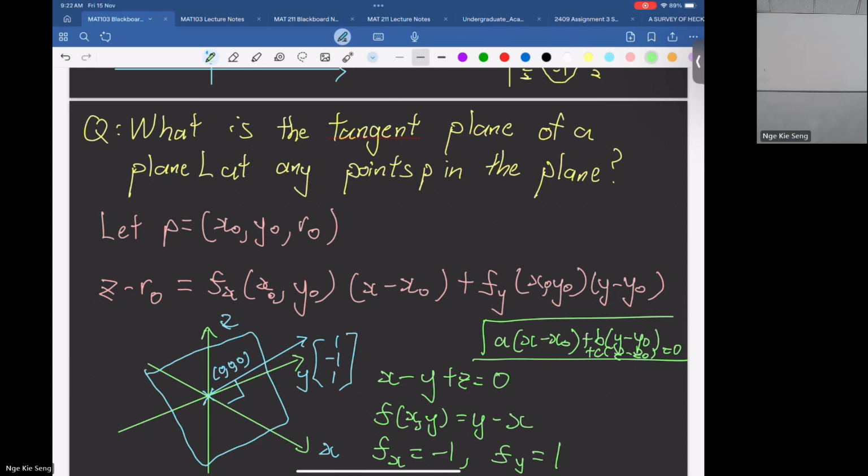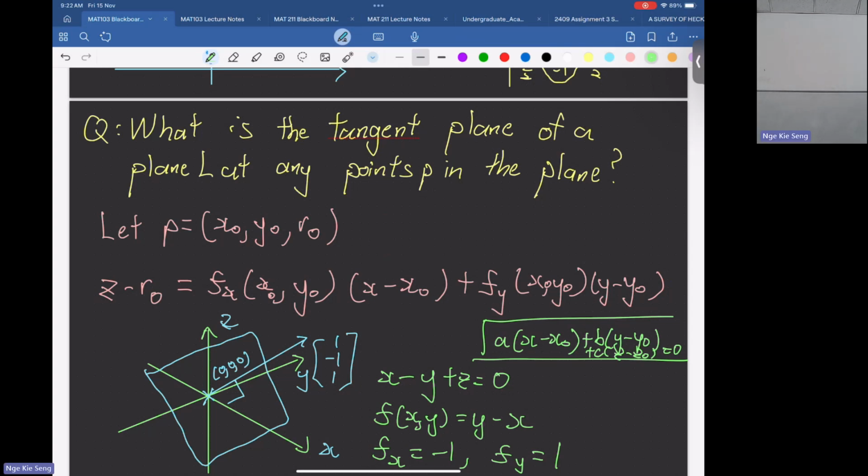Equals minus x plus y. But is it true? Last time when I talked about the tangent plane, you need to zoom in around the origin, right? They should look the same. But you already started with a plane, so you should get the plane back.